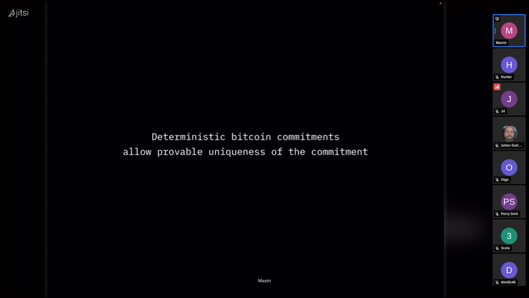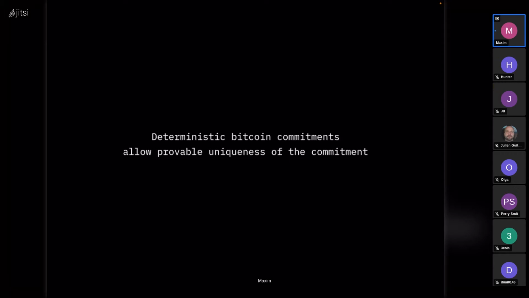And on the client-side validation part of the story, Peter Todd is here. He can also correct me or add to that story. With protocols like OpenTimestamps, we just create a commitment, and we must know where the commitment is located inside the Bitcoin transaction, but we do not have a requirement that there must be only a single commitment to the data in this transaction.